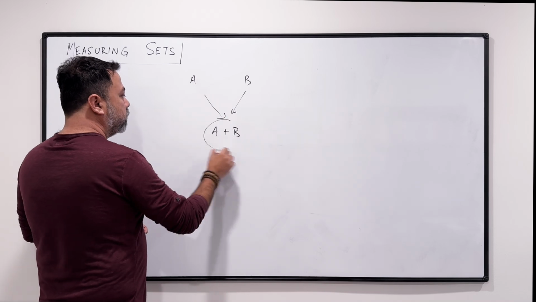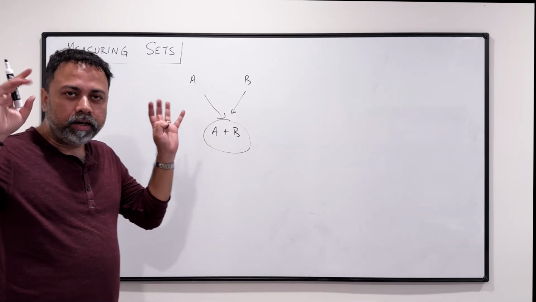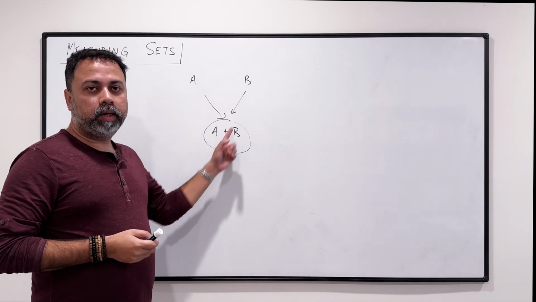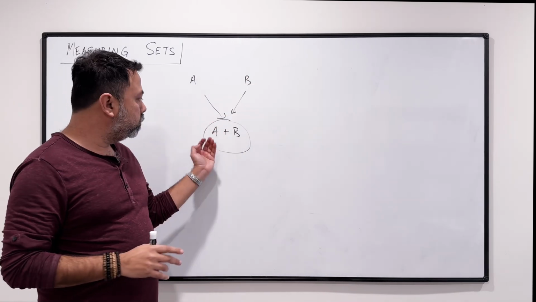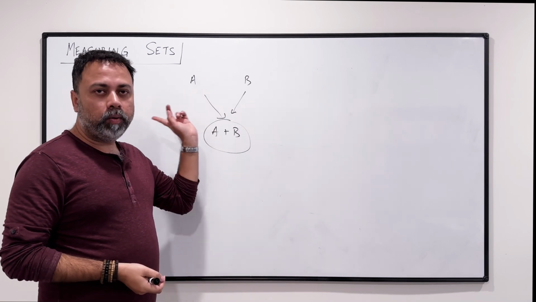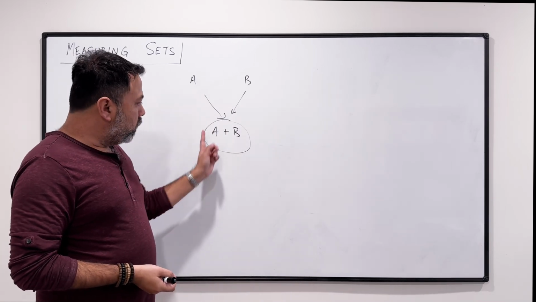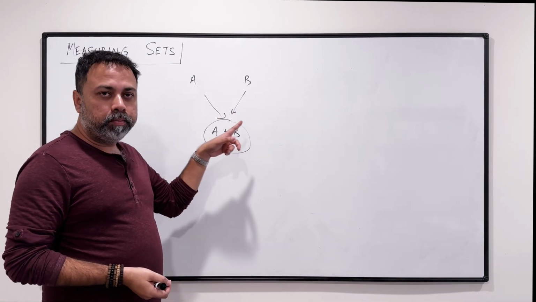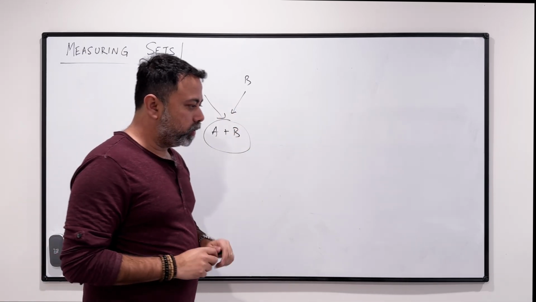So in this set, there needs to be some kind of tagging on who came from A and who came from B. And that tagging is enough to distinguish all the elements, right? Everybody is coming from exactly one of these. There's no element here that did not come from any of them, and there's no element here that came from both of them. It has to be one or the other, right?